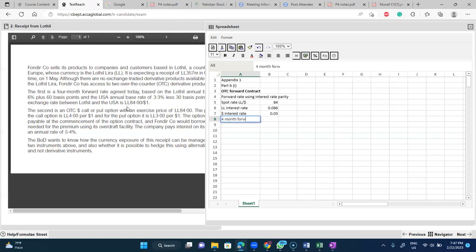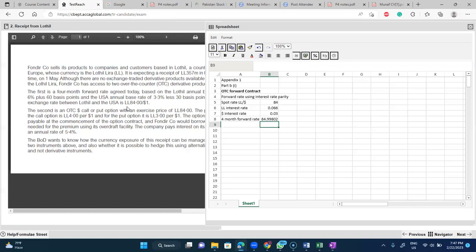Four-month forward rate equals spot into 1 plus LL interest rate into 4 by 12, divided by 1 plus 0.03 into 4 by 12.